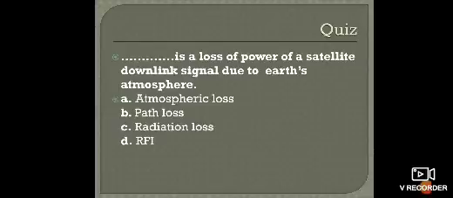So what type of loss of power of a satellite downlink signal due to the Earth's atmosphere?